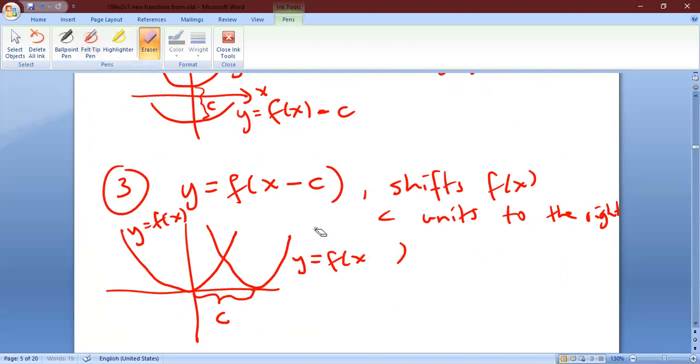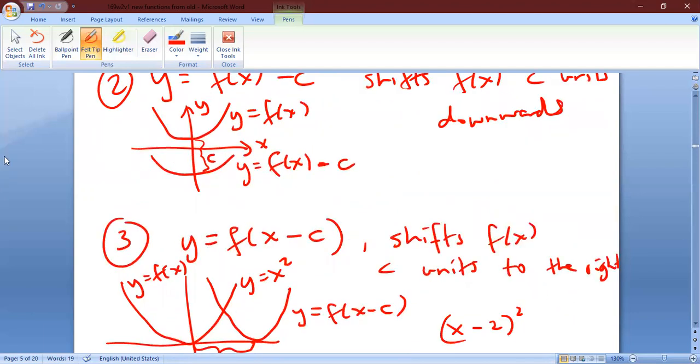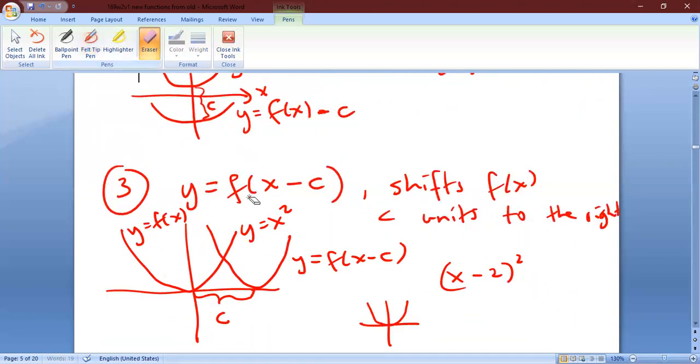Okay, how do I know that this is a right shifting, by the way? Let's say this is y equals x squared. If we write x minus 2 squared, then the graph is going to look like this. Let me erase this part.